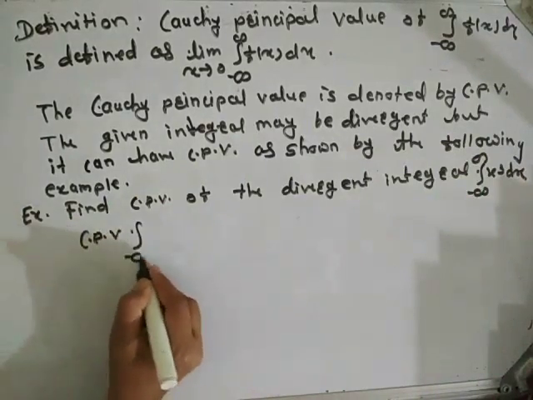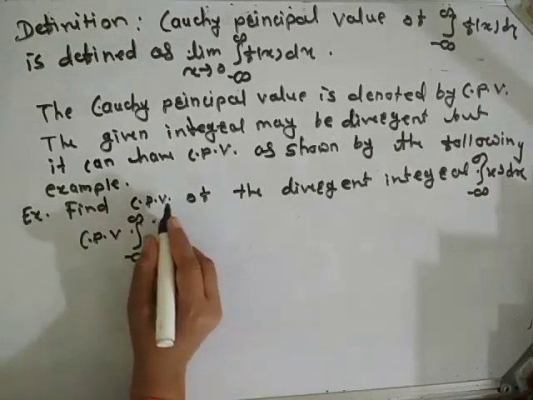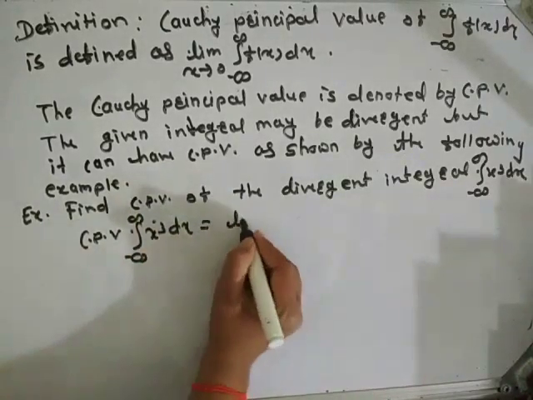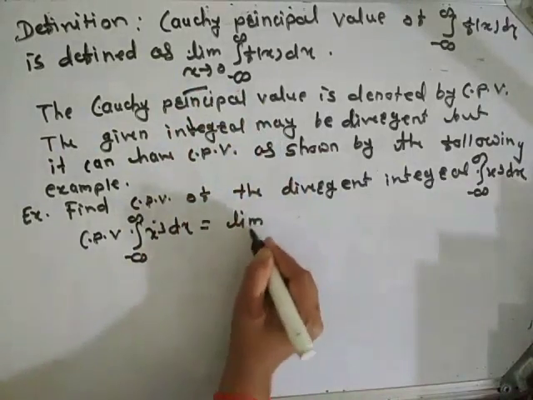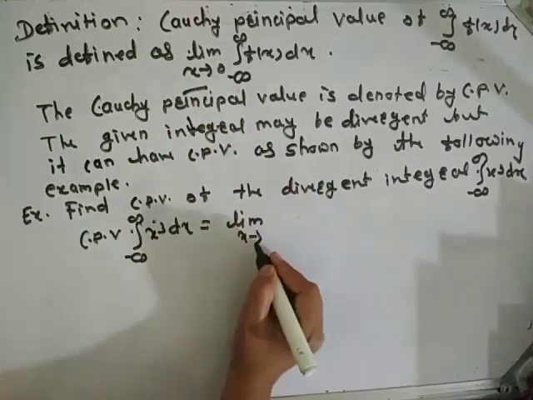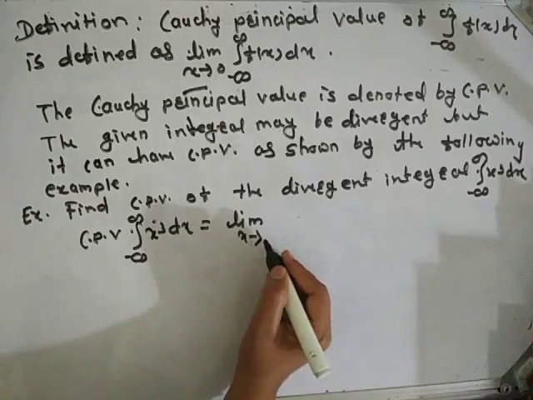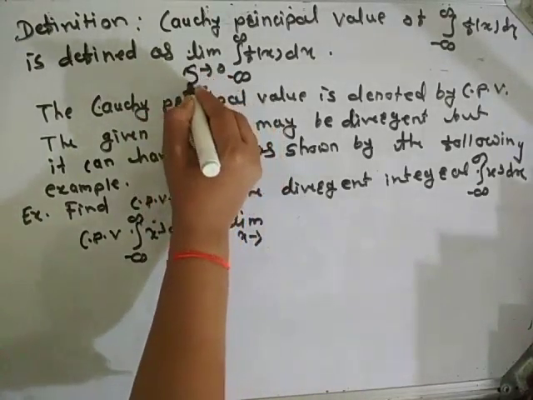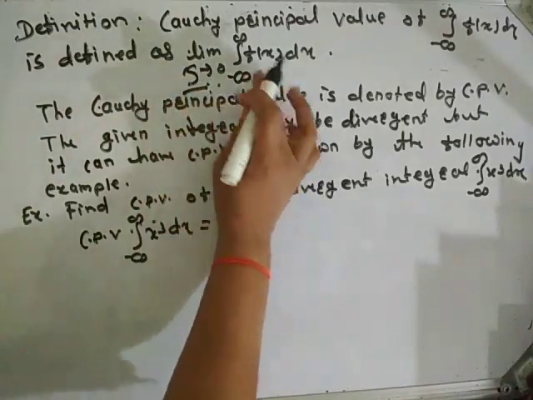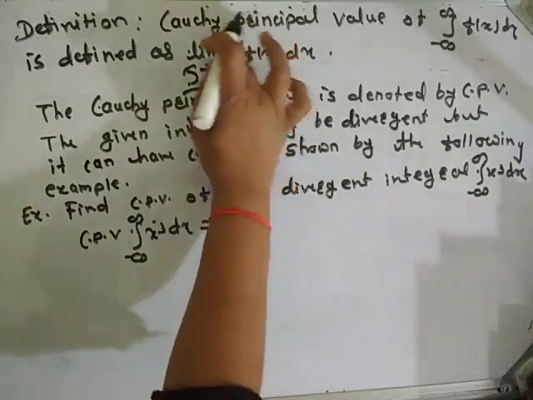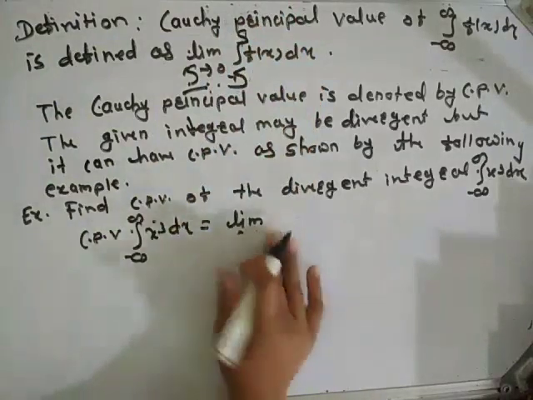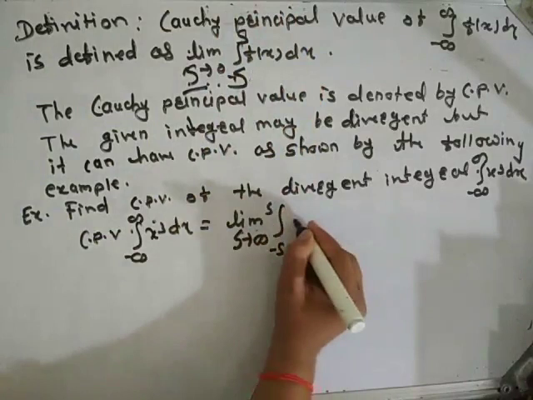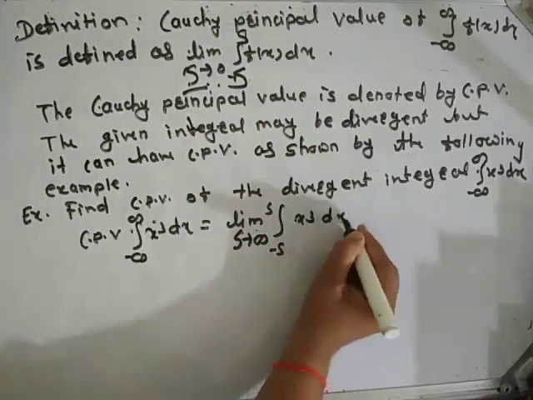CPV of integration from minus infinity to infinity. Here the integral is x cube dx, which is nothing but limit s tends to infinity, integration from minus s to s x cube dx.